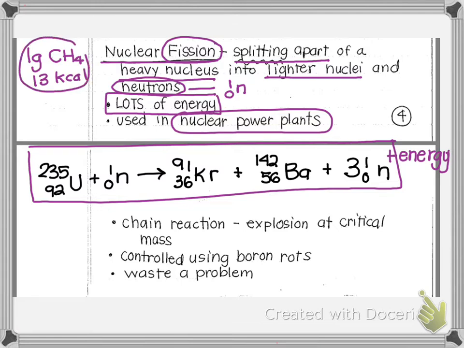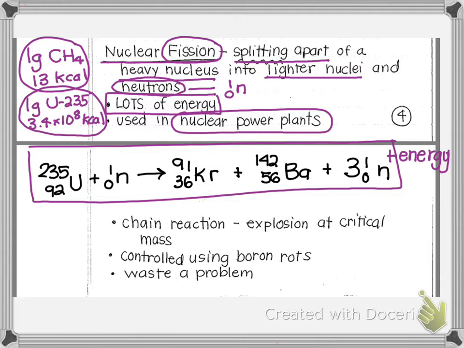That would be a chemical reaction. While 1 gram of uranium-235 can produce 3.4 times 10 to the 8th kilocalories of energy. So you can see here why a nuclear fission reaction would be very attractive when thinking about producing power.